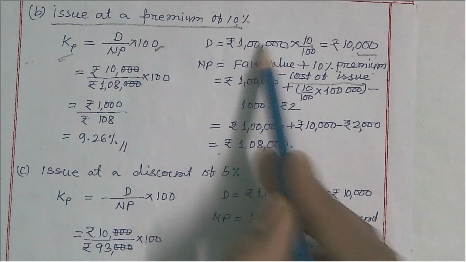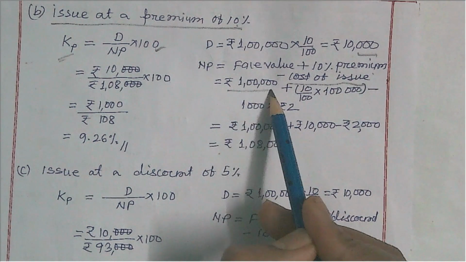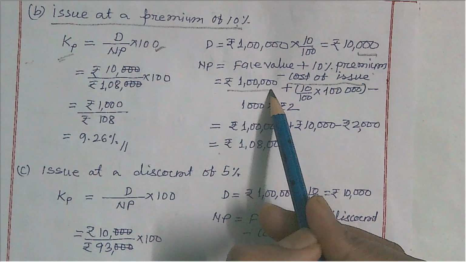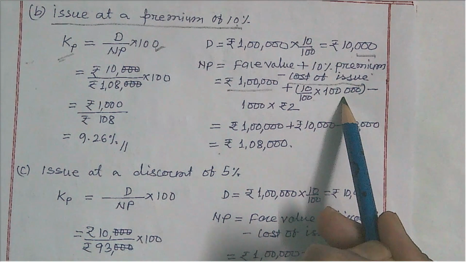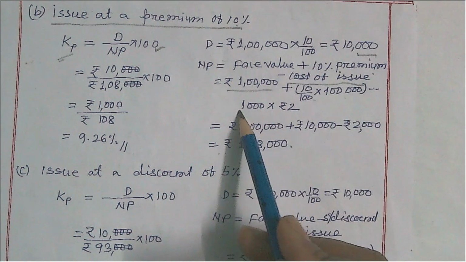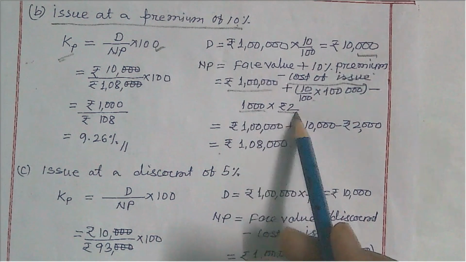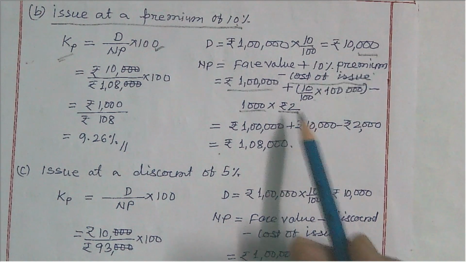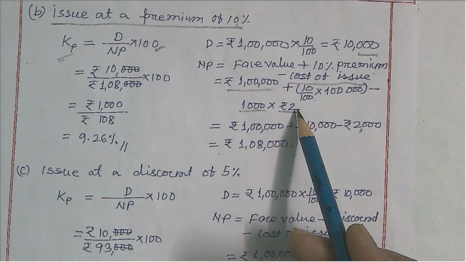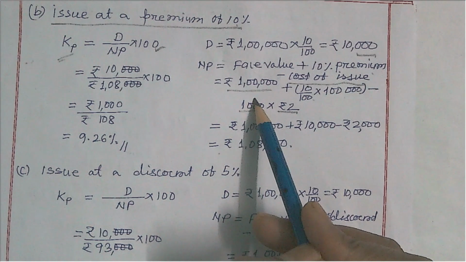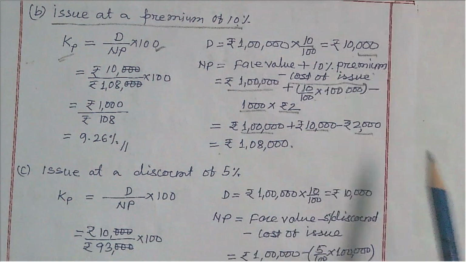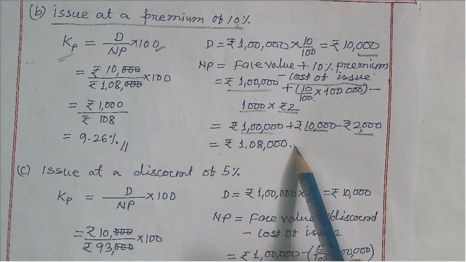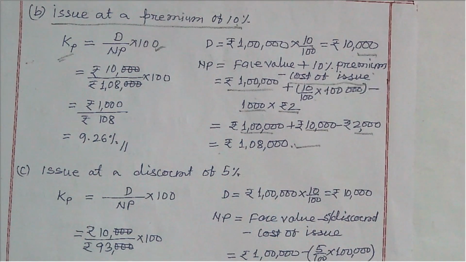The face value is 1000 into 100, 1 lakh, plus 10% of 1 lakh, minus issue expenses 1000 into rupees 2. That is, cost of issue is rupees 2 per share, so for 1000 shares issued it is 2000. So 1 lakh plus 10,000 minus 2000 is 1 lakh 8,000, the net proceeds.